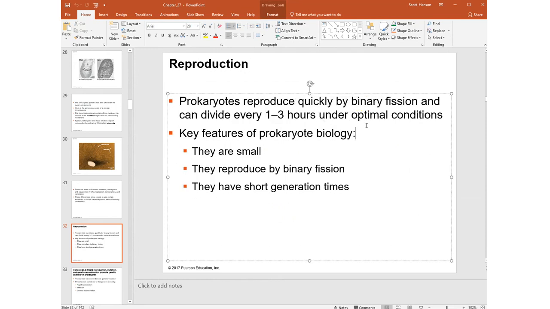However, an E. coli bacterium, Escherichia coli, can actually divide once every 20 minutes. So there's some range.